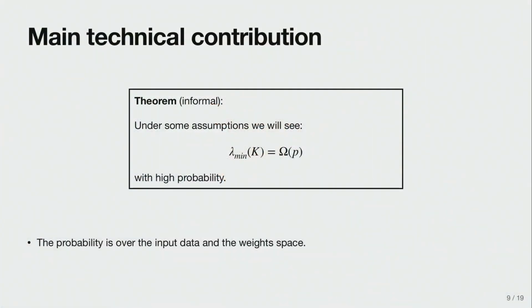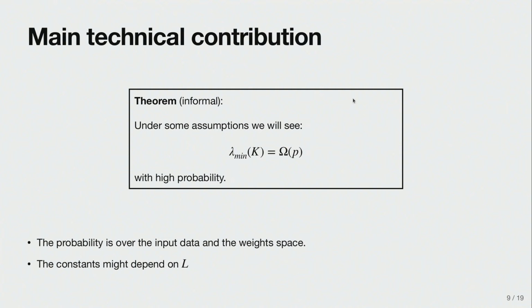And just to mention, this high probability is with respect to the input data, because we are sampling points from some distribution, and only on the initialization, because I'm initializing my network in a random and pretty standard way. Another thing that I'm using is that the depth of the network is a constant.